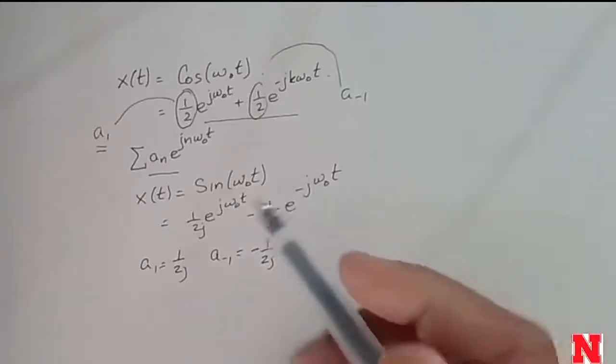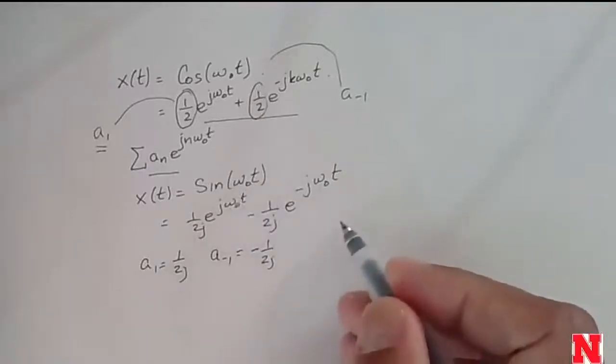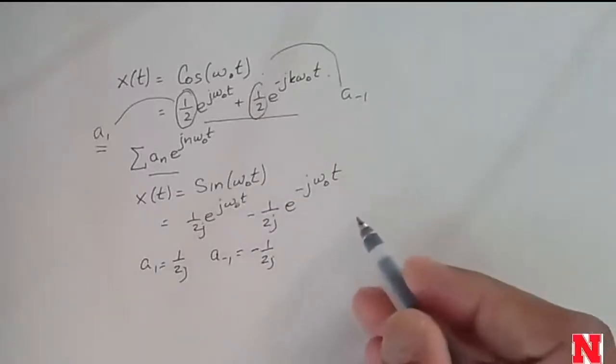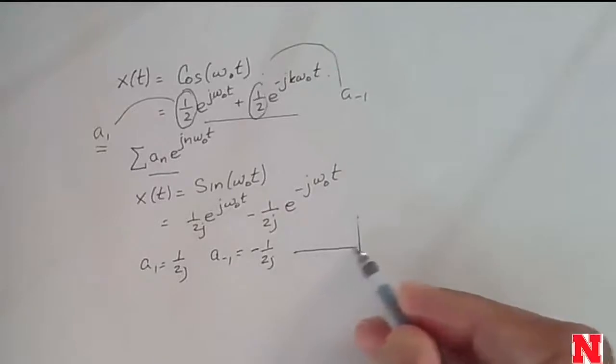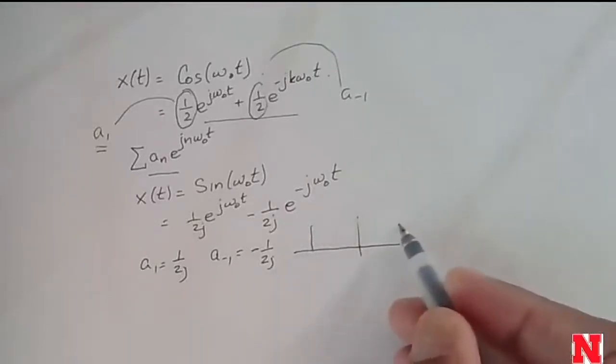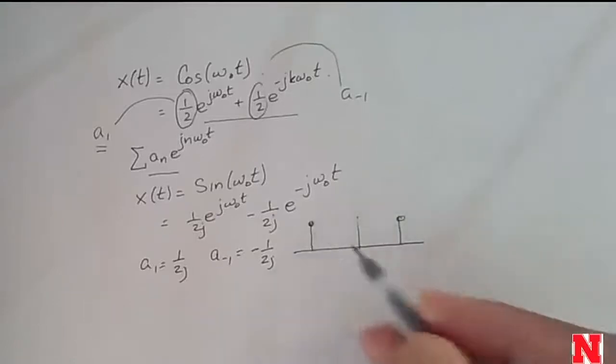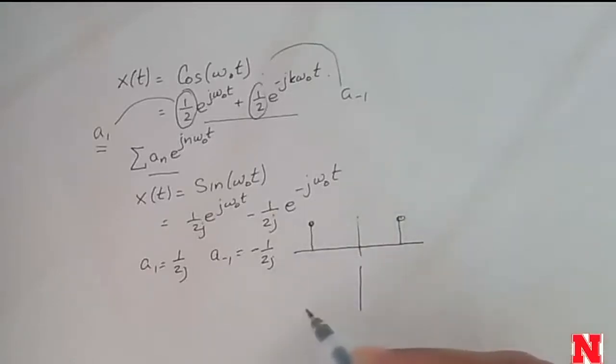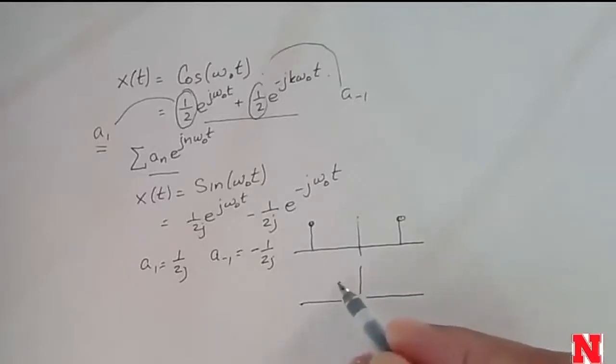What happens if I give you two signals? One has Fourier series coefficients like this, and another has Fourier series coefficients like this.